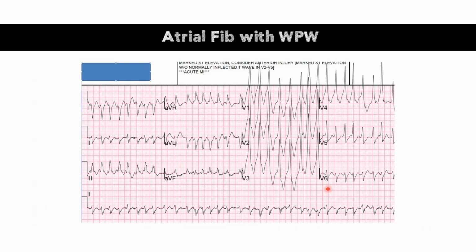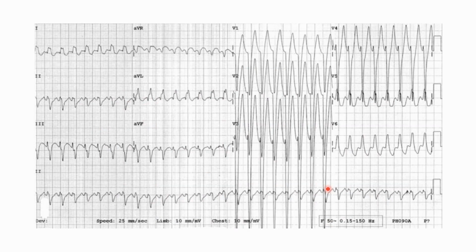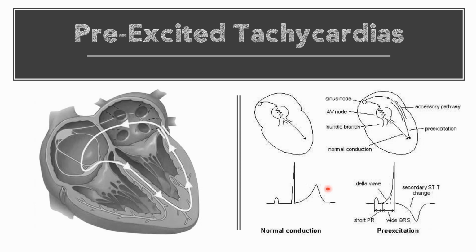Now, the typical treatment, if it is a regular wide complex tachycardia, and you don't know if they have WPW or not because you won't when they're tachycardic, then the typical treatment that you use for VTAC or even SVT is fine, because the impulses are re-entering either this way or they're re-entering this way. And if you block the AV node, then you're going to terminate that abnormal rhythm.